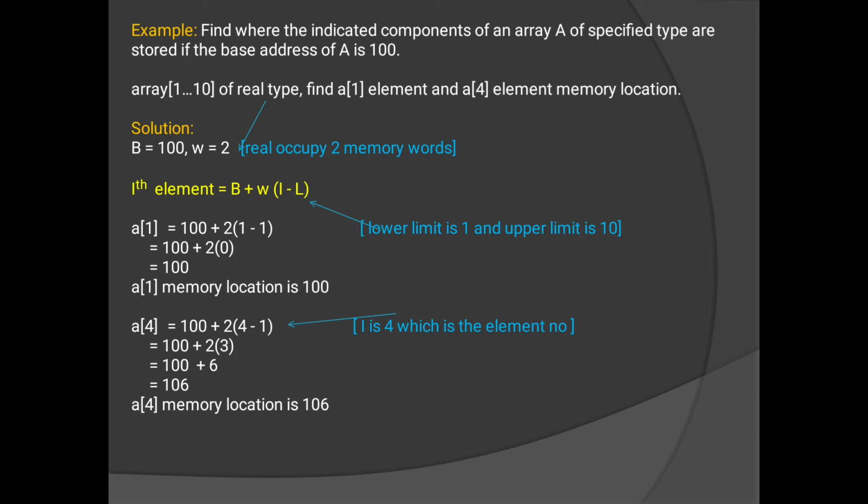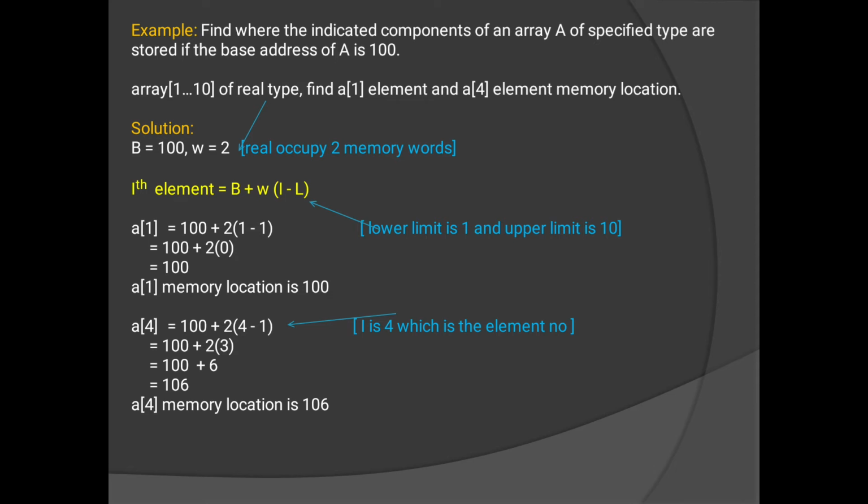When you execute that formula, you get the value 100. So the memory location of the array A's first element, A1, is 100. You can see that it matches the base address of A, which is 100. Now we found the memory location of A1.